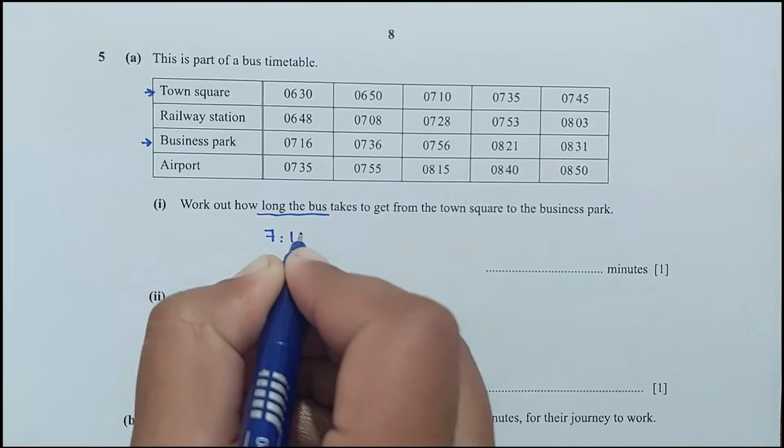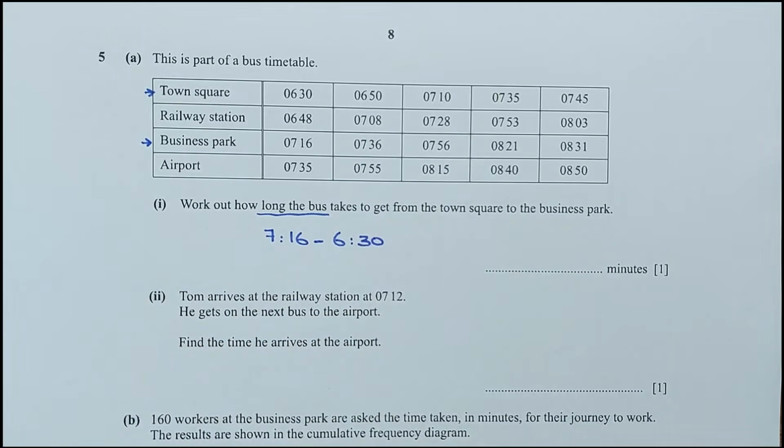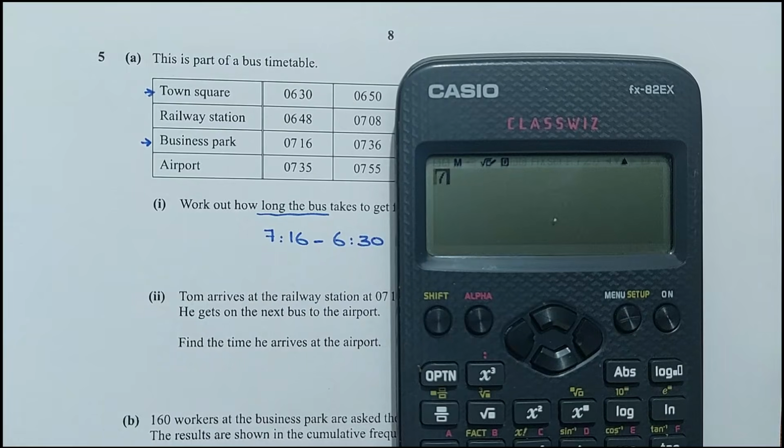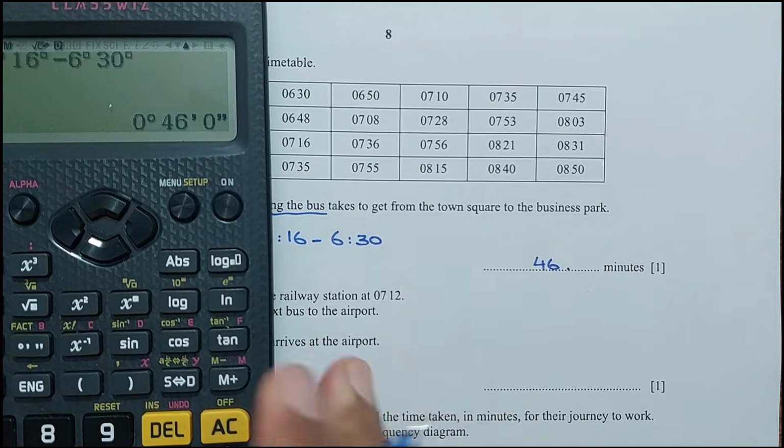So from 7:16 we have to subtract 6:30 to find how many minutes it will take. 7:16 minus 6:30 is 46 minutes, right?